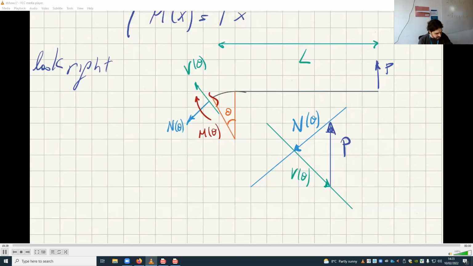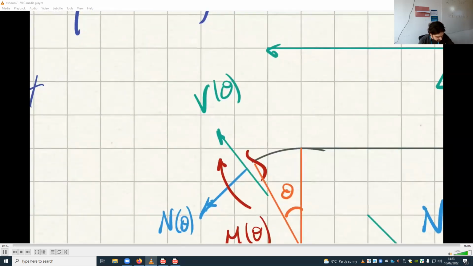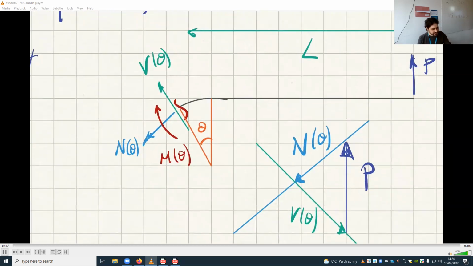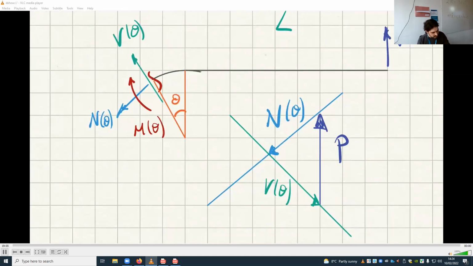Actually, let me change this to be a bit more parallel. There you go. So yes, see, theta is made by the vertical, which is P, and this orientation, which is V. So this angle is theta.